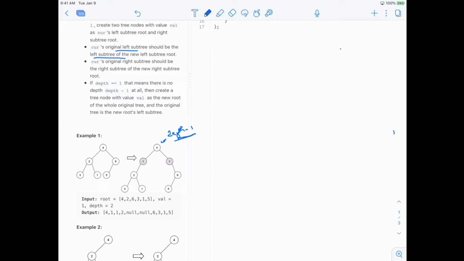What do we need to assign? Well, for the node, this would be a node at depth minus 1. So what we want to assign to its left is a new node with value val, right? And the left side of that needs to be the original left, right? So we want the left side to be the original left, but we want the right side to be nothing.